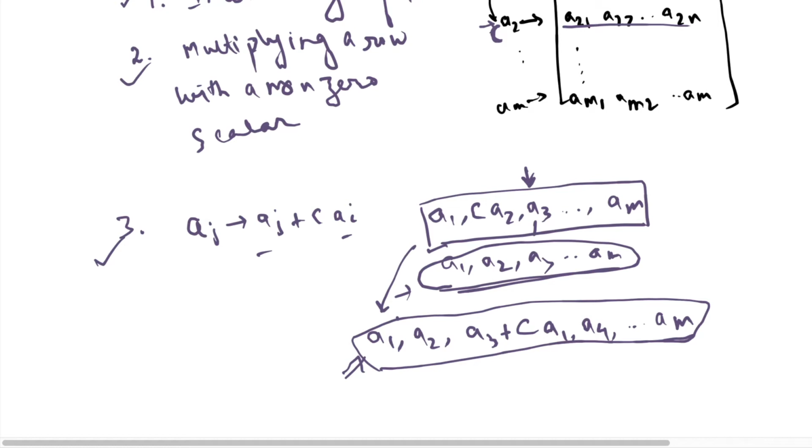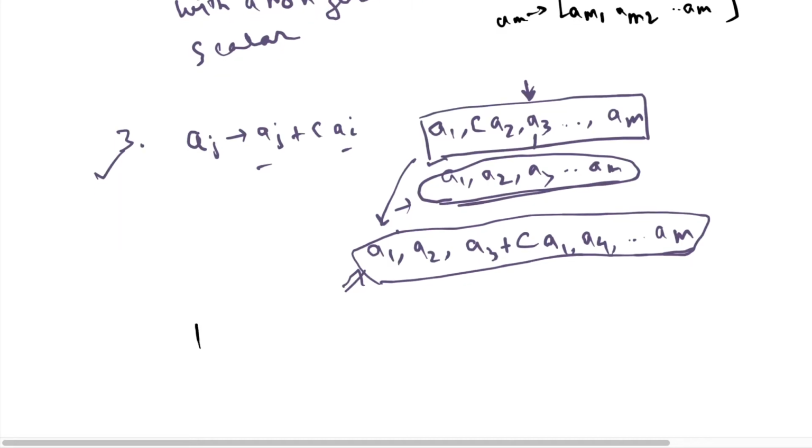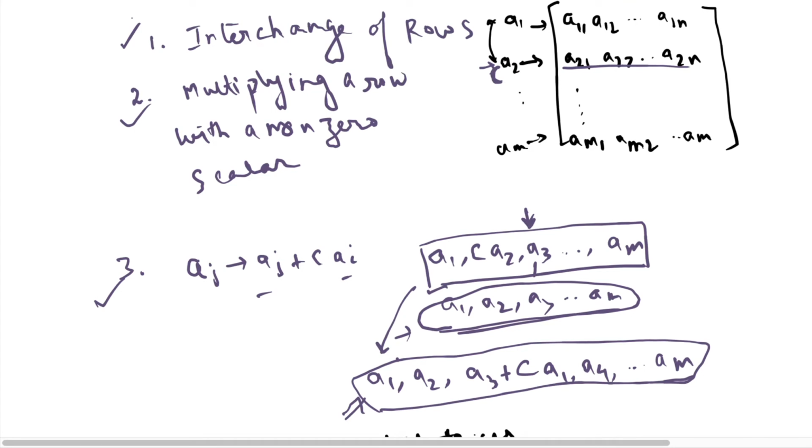And remember that we discussed something called row equivalent matrices, right? Let me write it down. So we discussed in the last few lectures something called row equivalent matrices, right? And these matrices are obtained by applying a finite number of elementary row operations to a matrix. And we have just seen that if you apply elementary row operations to a matrix, the rank does not change.